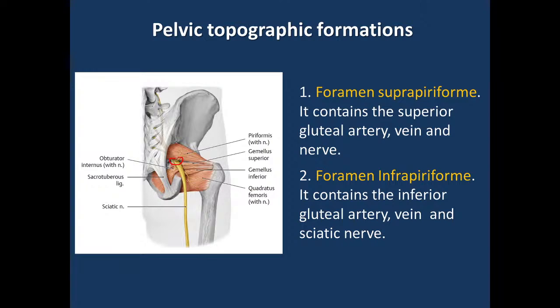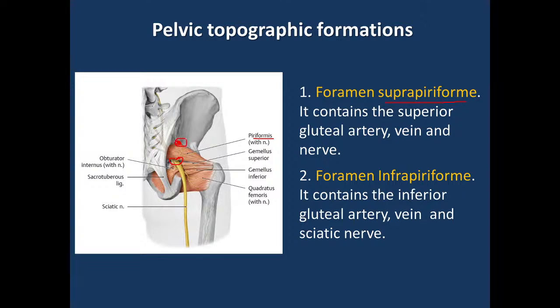First are the two foramina located in the dorsal region of the pelvis, and they are connected with the piriformis muscle. Above the piriformis muscle we see the foramen suprapiriforme.